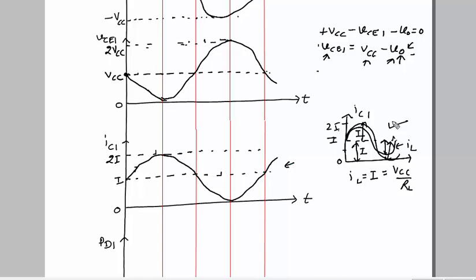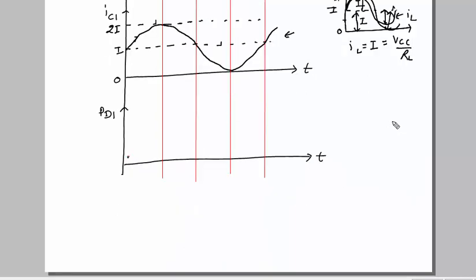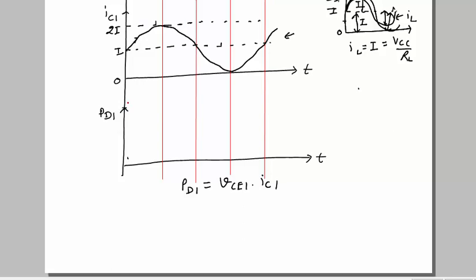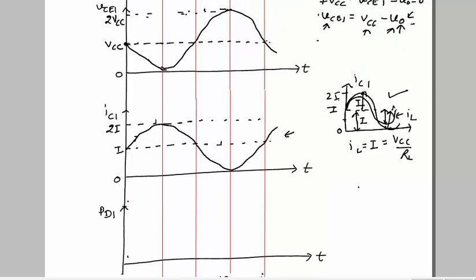Now for the instantaneous power dissipation PD1, the formula is PD1 equals VCE1 into IC1. So to draw the waveform for PD1, we have to consult the waveforms for VCE1 and IC1.